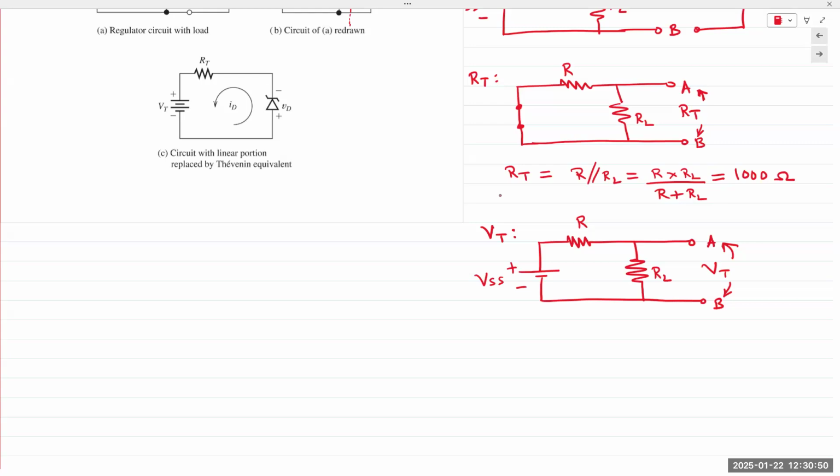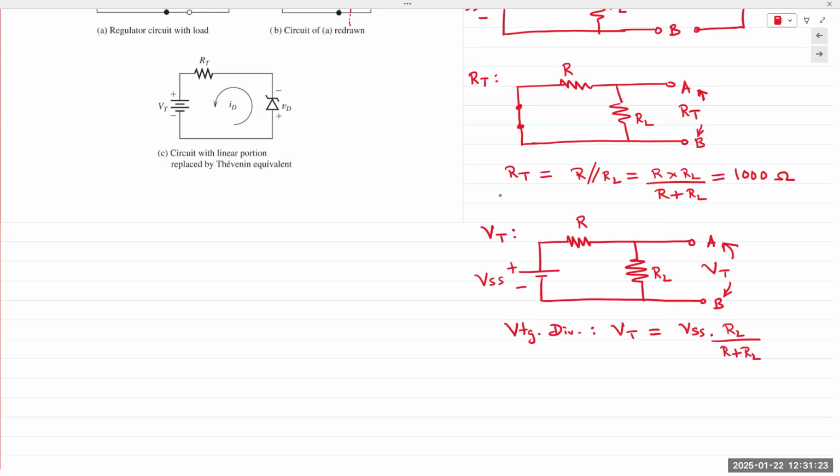Voltage division, absolutely. There's only three equations, right? And I keep repeating the same thing again: Ohm's law, KVL, KCL. Everything else is a derivation from these three equations. The entire 201 that you did, it's these three equations. So voltage division is nothing but a shortcut. Voltage division gives us VT as a fraction of VSS. The fraction is given by RL over REQ.